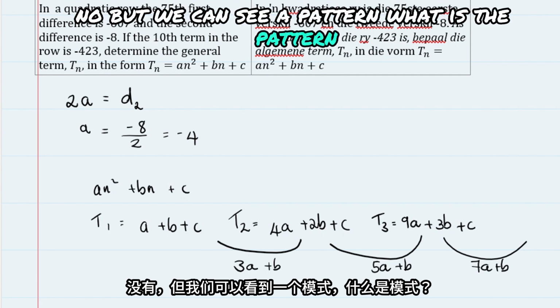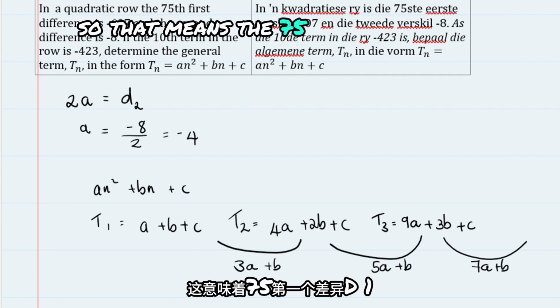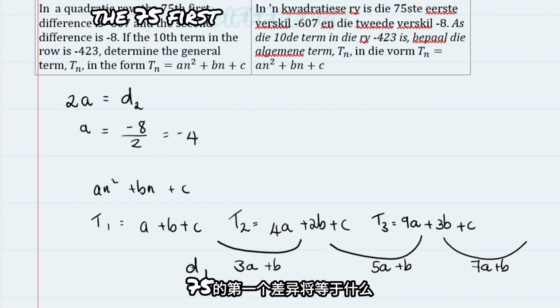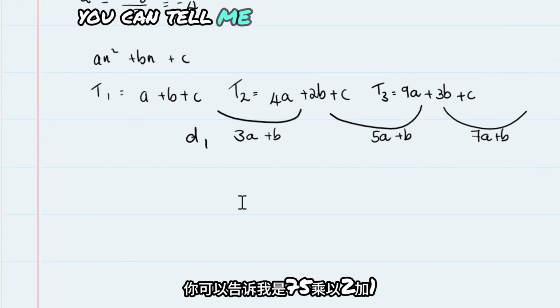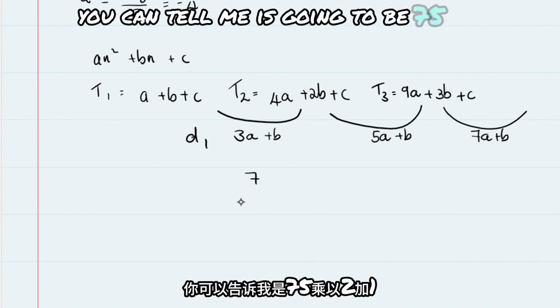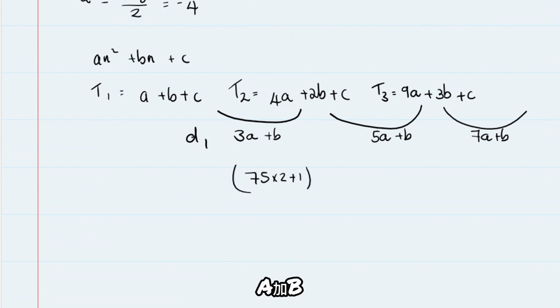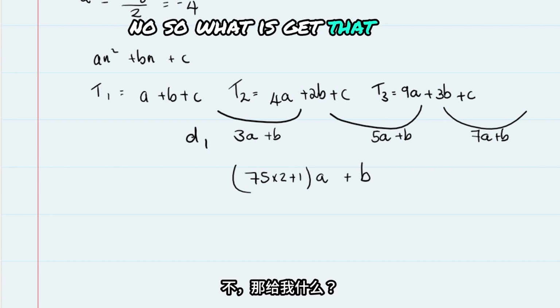What is the pattern? So that means the 75th first difference, D1, is going to be equal to what? You can tell me. It's going to be 75 times 2 plus 1, times A, plus B. So what does that give me?